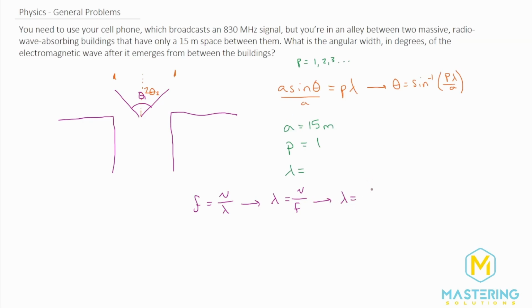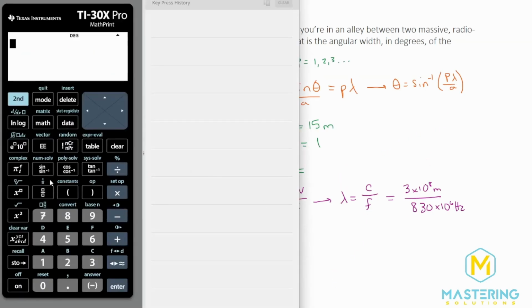Really, lambda is equal to c, the speed of light, over the frequency. We're given the frequency, 830 megahertz. And so we have all this, so we can solve for the wavelength here. So we have 3 times 10 to the 8 meters per second over 830 times 10 to the 6 hertz. And 10 to the 6 is for the mega. You can plug this straight into the equation up here for wavelength, or we could solve for it and then plug it in. Either way, just so we have it for our list, I'll solve for it.